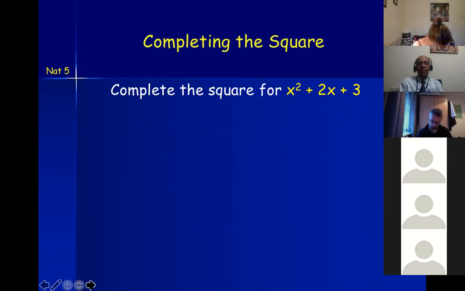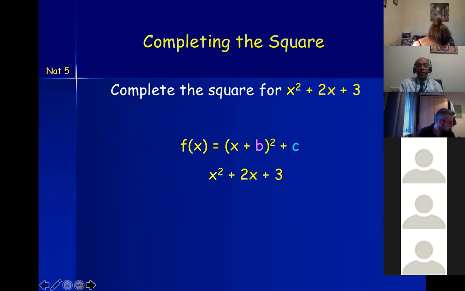Let's say someone asks us, complete the square for x squared plus 2x plus 3. The way to do this is we've been asked to rewrite it as (x plus b) squared plus c. You start with x squared plus 2x plus 3. Then you put a small space there and you add the 3.